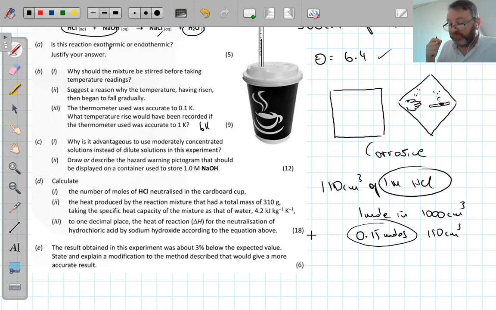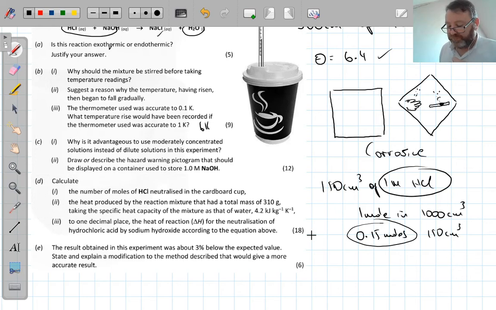Now, that's a bit confusing, because in the previous part of the question, they told us that 150 centimeters cubed of acid was mixed with 160 of base, which leaves 10 centimeters cubed of the base outside. But here they're telling you it has a total mass of 310.